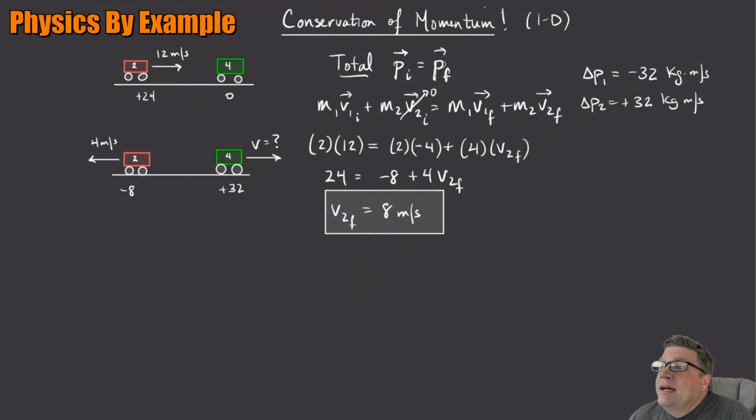All right, let's talk about one more case that's pretty easy. What about the case where these two objects stick together, right? Let's draw the final case. If they stick together, there's that box. Somehow they stick together.